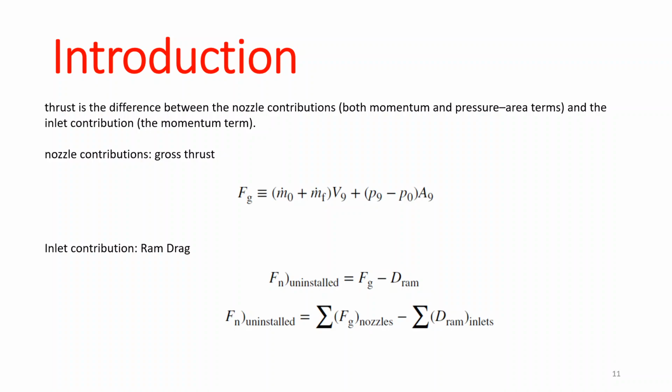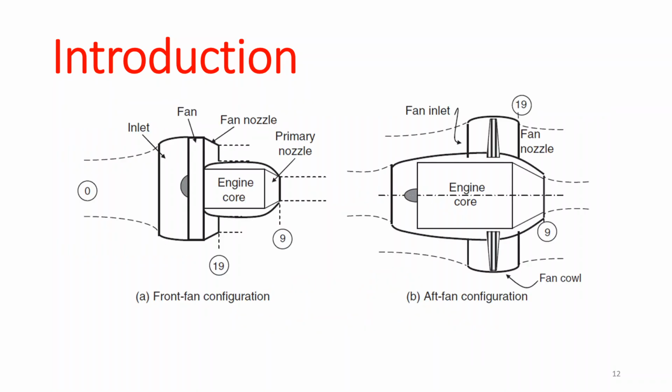Turbofans, right? So essentially, when dealing with a turbofan, you are going to have multiple inlets and multiple outlets. A regular jet is going to look like this, right? And the exit condition number 9, ambient condition 0.